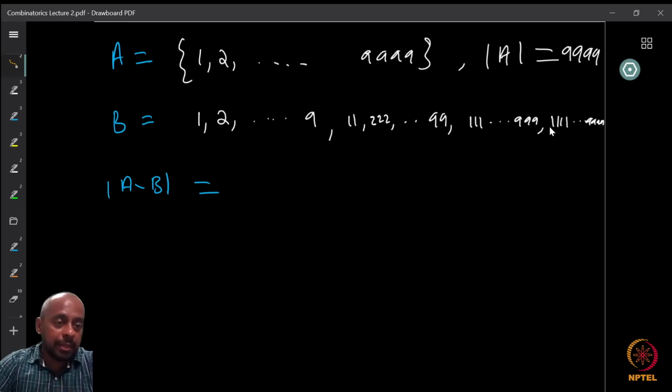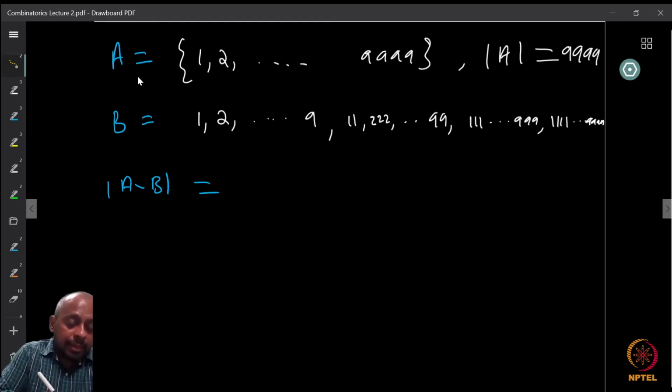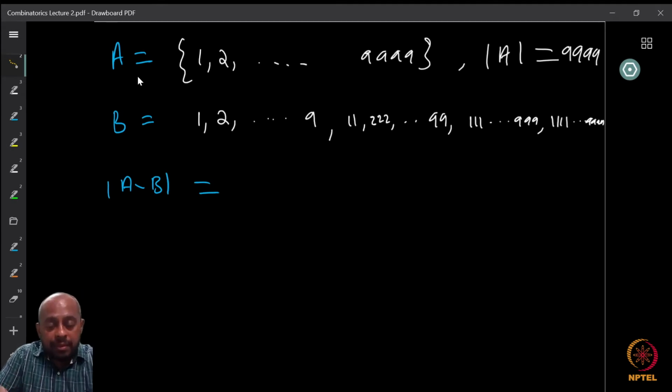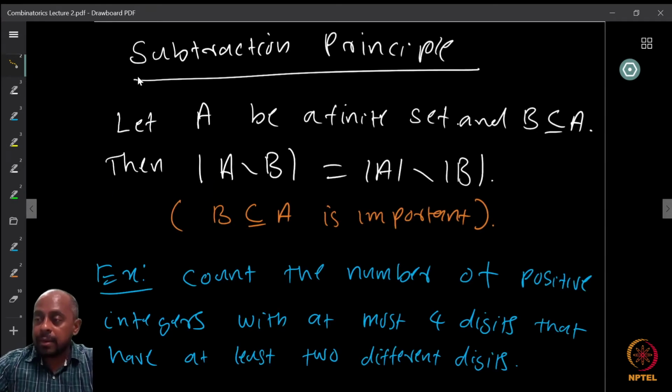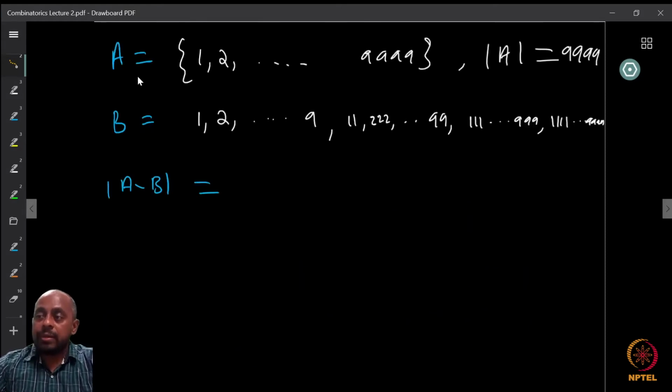So 36 numbers have this property that they use only one distinct digit, appearing repeatedly. Therefore, we can find the cardinality of A minus B. A minus B is the set of numbers with the property that we were looking at: less than 10,000 and having at least 2 different digits.